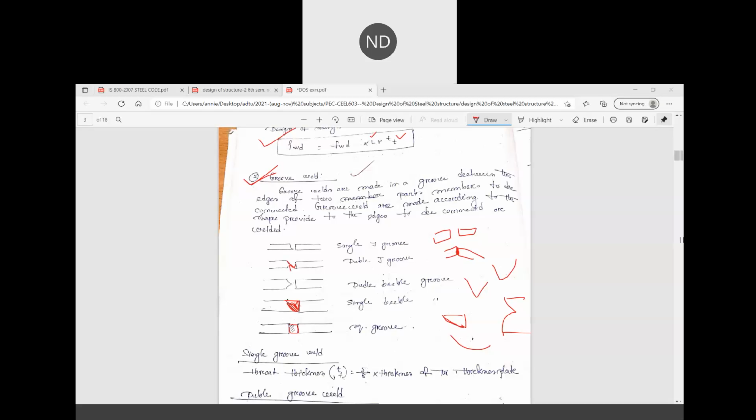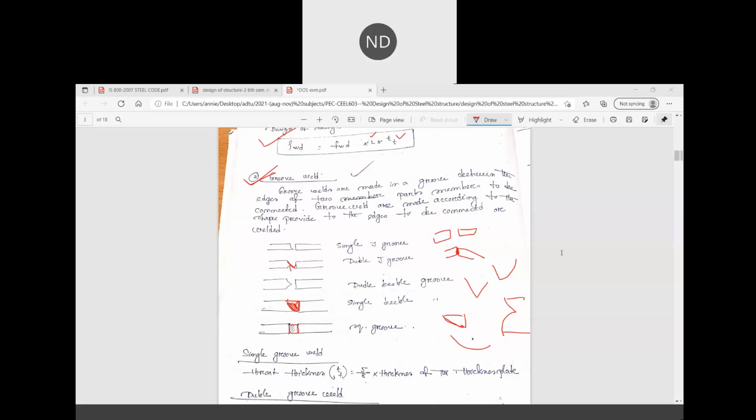What are the different types of groove welds? Show with diagram.